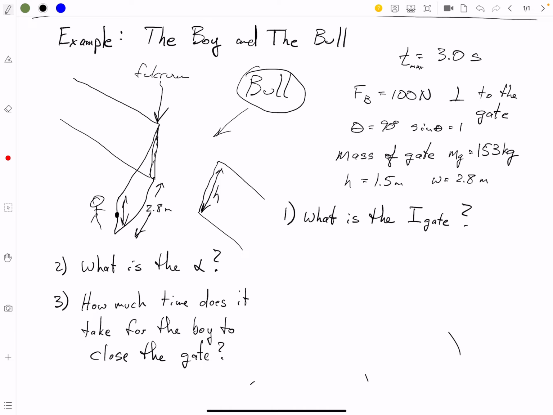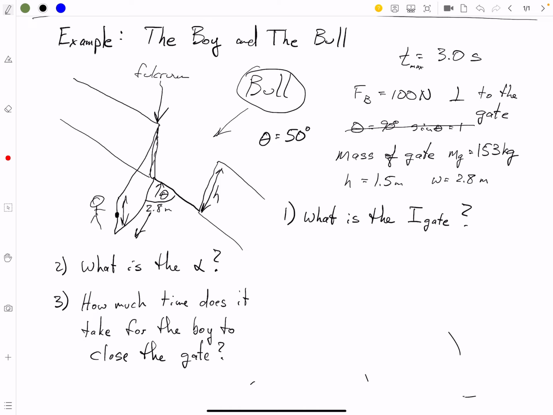Okay, so here's the one thing I didn't tell you, and that is this angle that he has to close, that angle theta, it's a different theta than this angle theta. Forget about that angle theta. We've got a new one. This angle that he has to close is 50 degrees. Okay, so he's got to get that thing over a distance of 50 degrees to keep that bull in there.